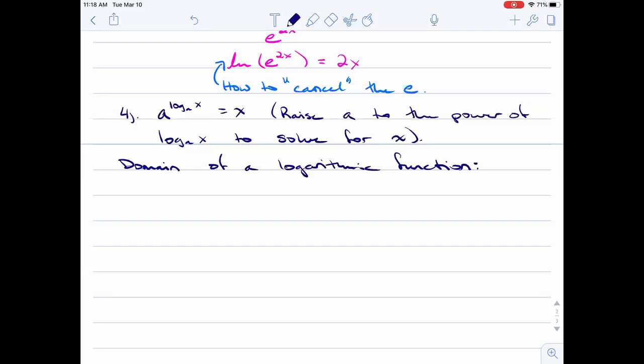Now we're going to add a third thing to keep an eye out for, and that's that we can't take the log of any base of a non-positive number. So that includes 0. We can't take the log of 0. We have to have a positive number in our log, right? So we can't take a negative or 0.